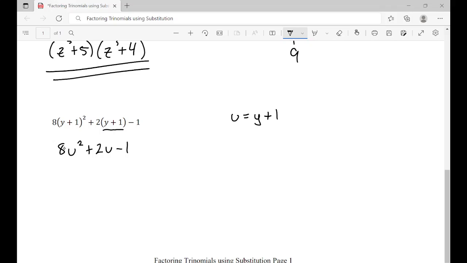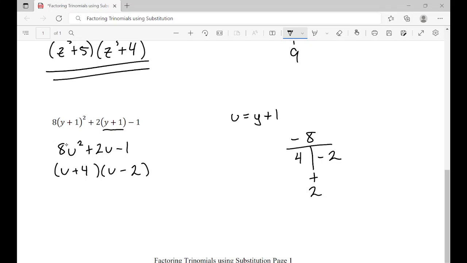Now we're going to factor this. 8 times negative 1 is negative 8. What times what would give us negative 8, but add to give us a positive 2? In this case, it's going to be a positive 4 and a negative 2. So parentheses, start our factored form, u's in the front, then plus 4 and minus 2.